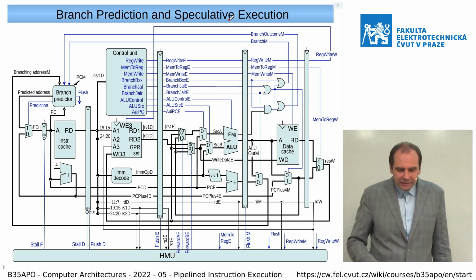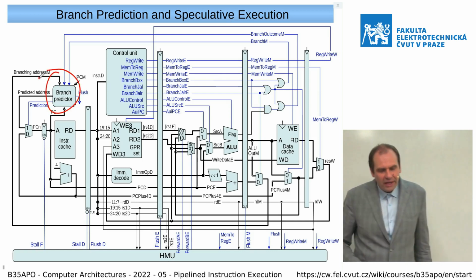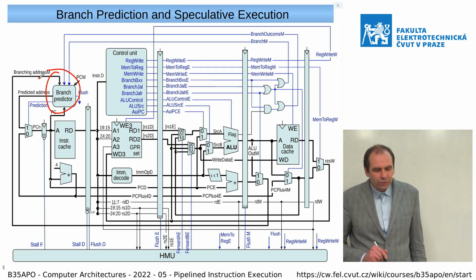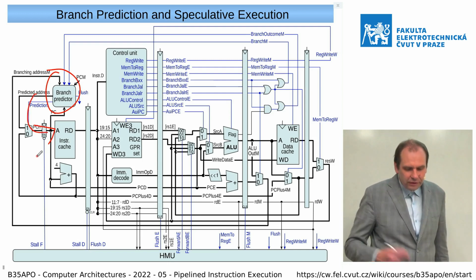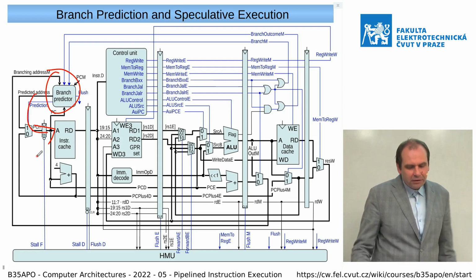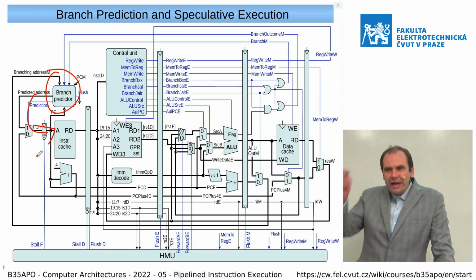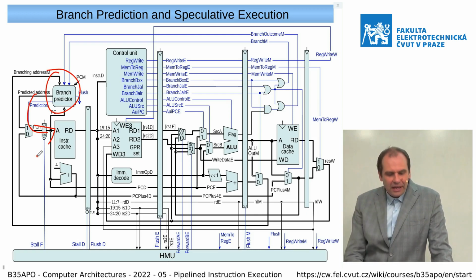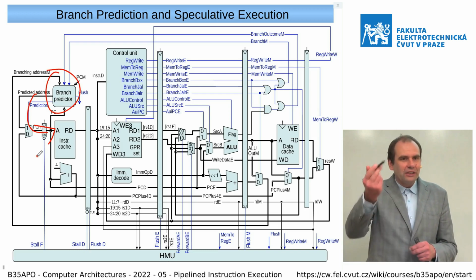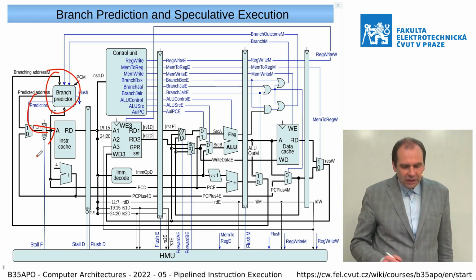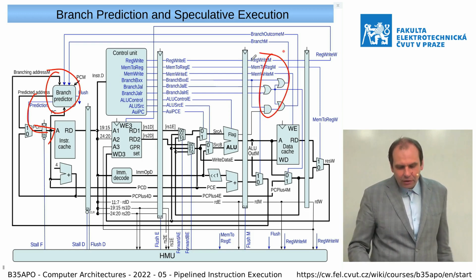In this case, we can decide to add a branch predictor, which is then used to decide where to start fetching the following instruction. If there is a branch, the branch predictor predicts, okay, it is probable, for example, that it is a loop and that we will go back. In such a case, we start to fetch instructions from the target address of the branch, even though we do not know if the branch is taken or not.